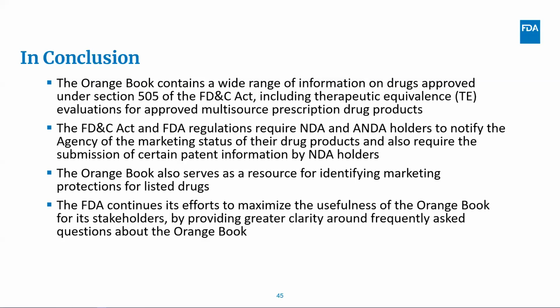It also requires certain patent information to be submitted by NDA holders. The Orange Book serves as a resource for identifying marketing protections for listed drugs, or exclusivities. The FDA continues its effort to maximize the usefulness of the Orange Book for its stakeholders by providing greater clarity around frequently asked questions about the Orange Book.